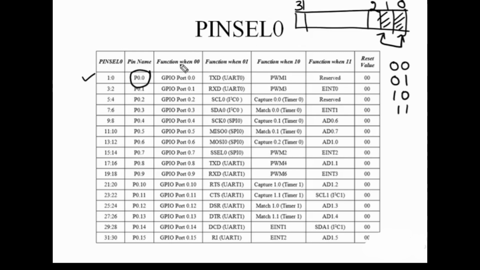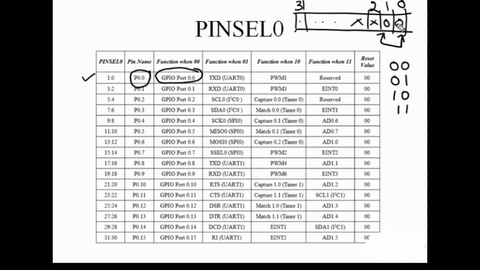If I store a value 00 in PINSEL0 bits 1 and 0, no matter what I write in the other locations, port 0 pin 0 will immediately start acting like a GPIO port. GPIO stands for general purpose input output.